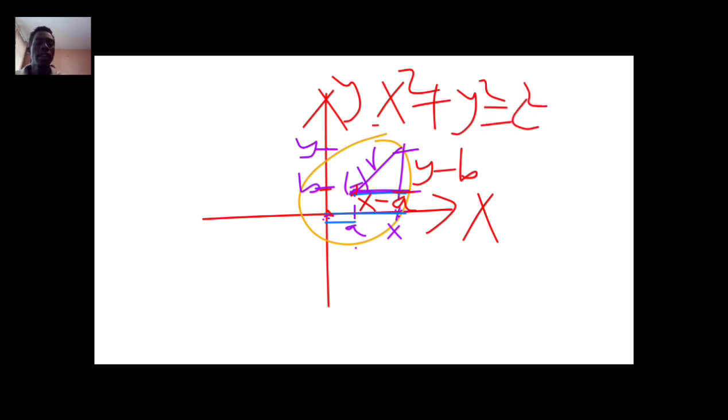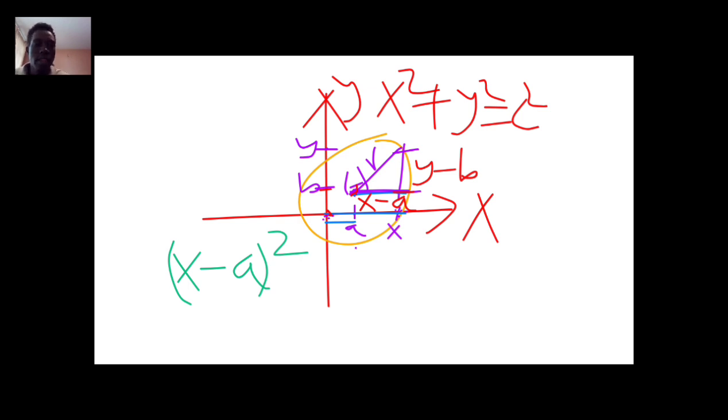In this one, x represents the base and y represents the height. So the base here is x minus a, so for the equation, it is going to be x minus a, all of them put under the square.